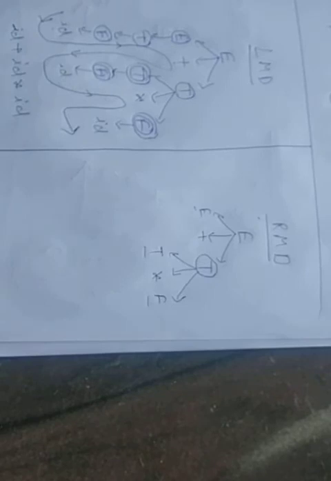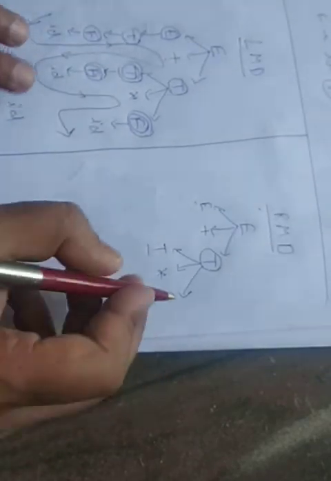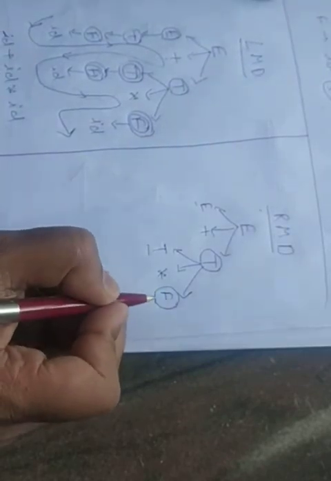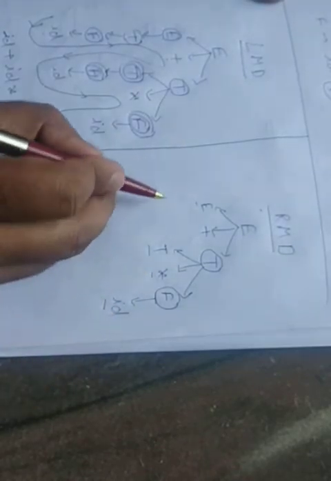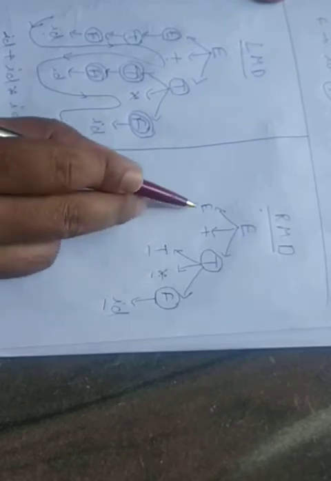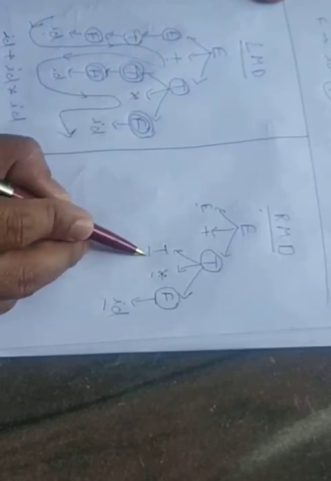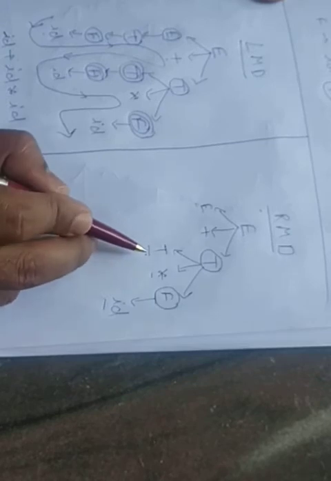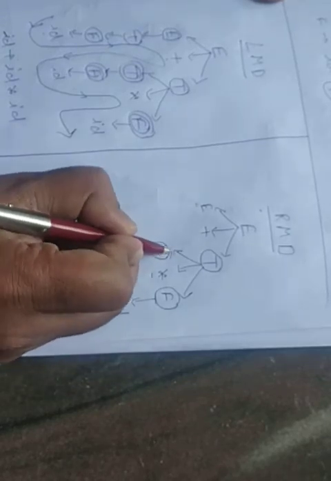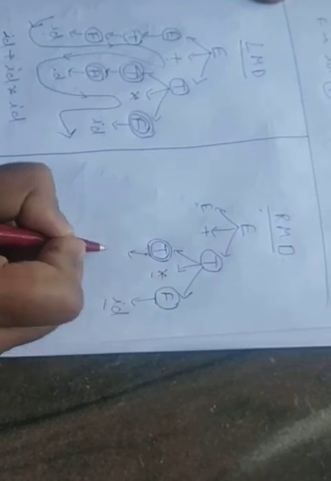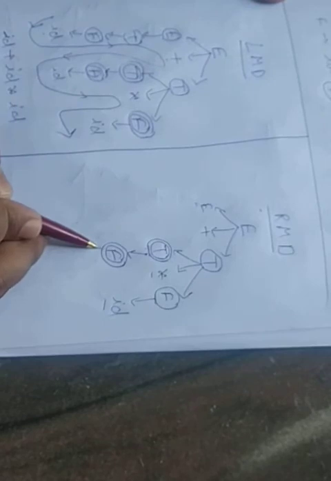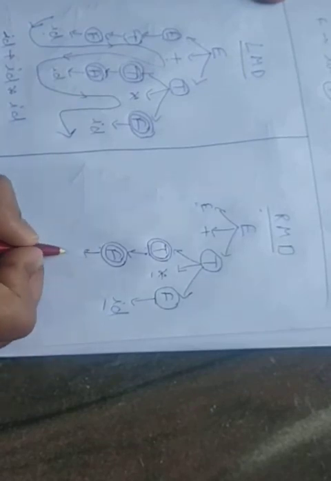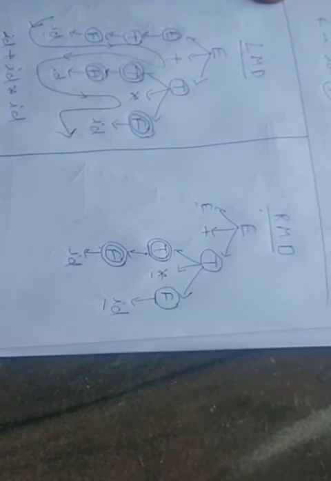Now I have three variables, E, T, F. Out of three variables, which one is the rightmost one? The rightmost one is F. So I'm going to solve this F, which says F is producing ID. Now I got ID star, and here I have E plus T, and of E and T, the rightmost one is T. So I'm going to solve this one, which says T is producing F. Now from E and F, the rightmost one is F, so I'm going to solve this: F is producing ID.